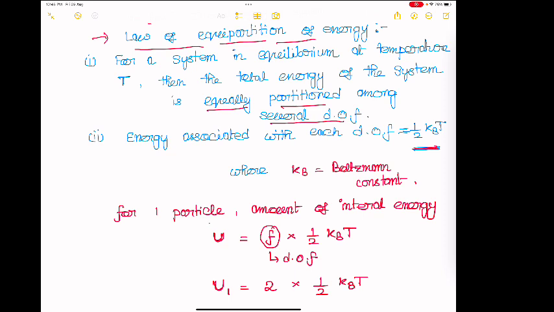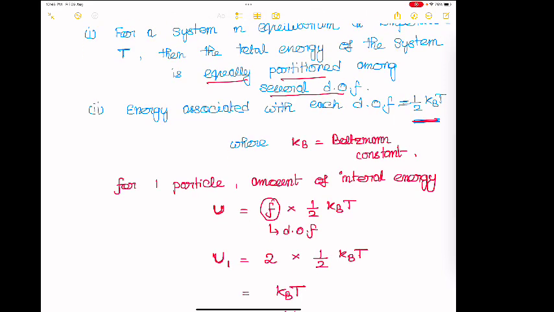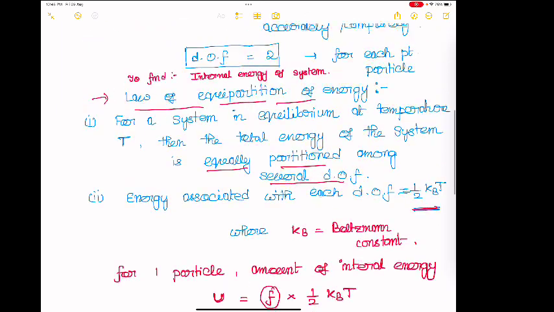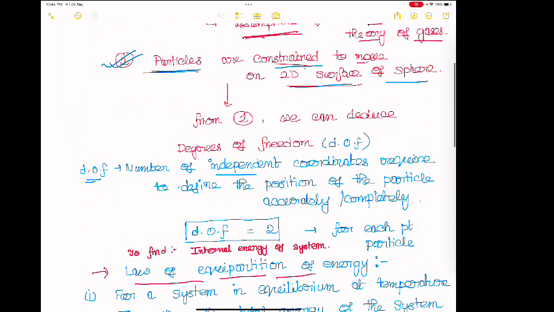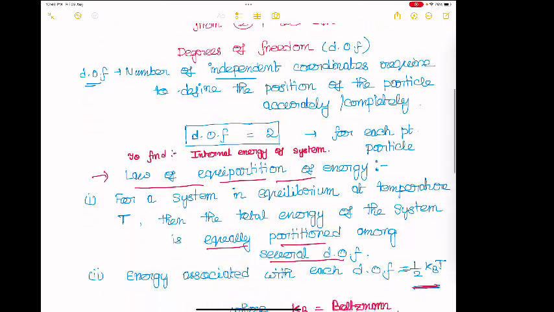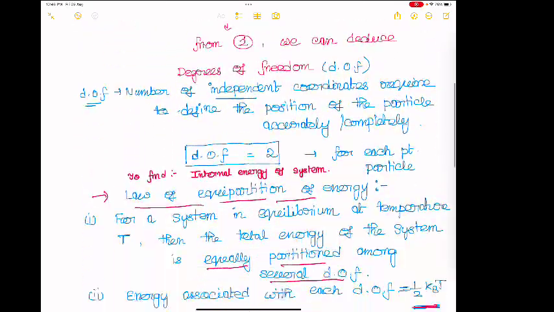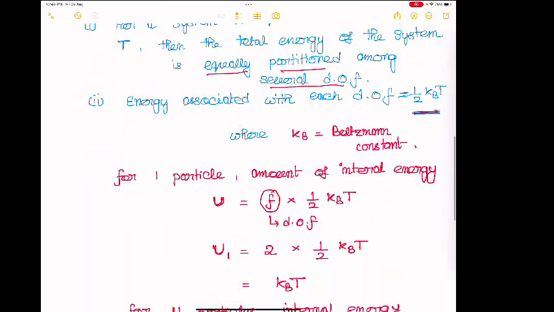Therefore, for one particle, the internal energy is U equal to f into half kBT, because for each degree of freedom, half kBT of energy is partitioned. Since the particle is constrained to move on the two-dimensional surface of the sphere, the degree of freedom is 2.